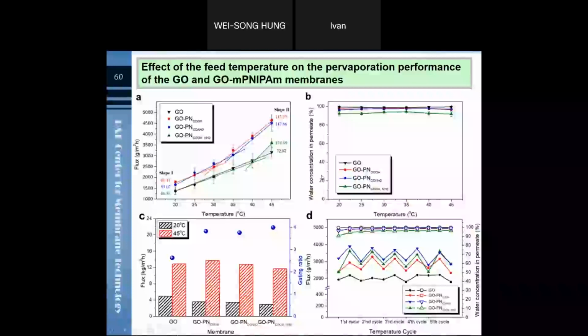Finally, we obtain the effect of feed temperature on the separation performance. During the membrane performance test at different temperatures, we can see that we can also tune the performance.